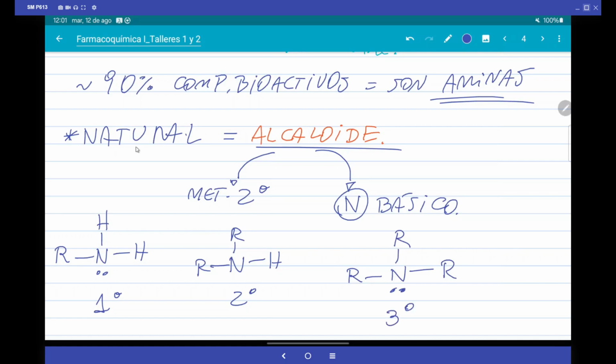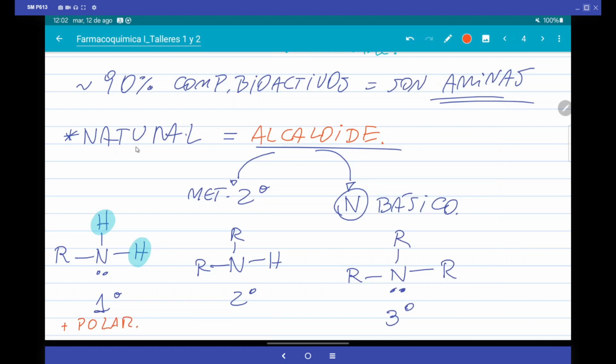So what do you think? Which is more polar? Perfect. The first one, because it has two protons, easier to form hydrogen bonds with water. Very good. Then the first one is the most polar.